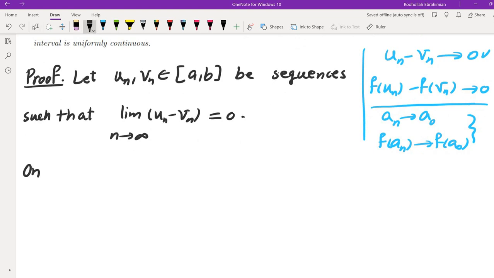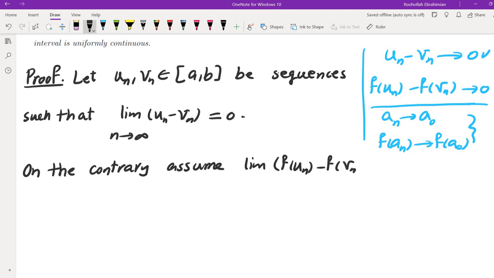So on the contrary, assume the limit of f of u n minus f of v n is not 0. We had an exercise that if a sequence doesn't approach a number, it would have to be kept away from that number.